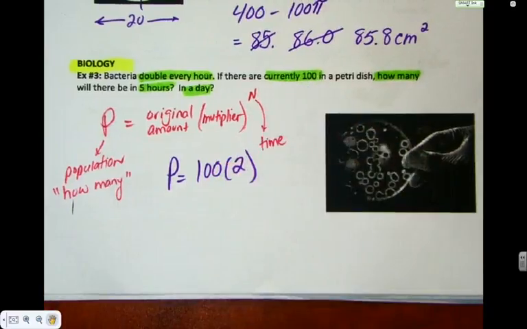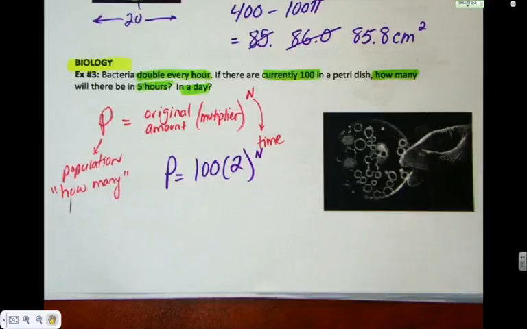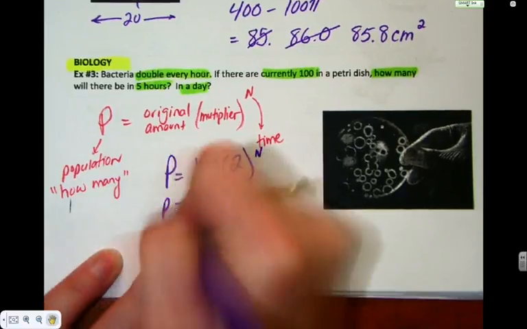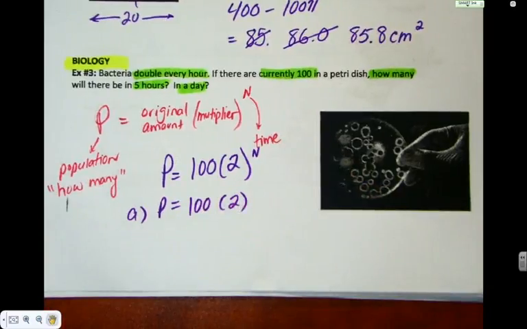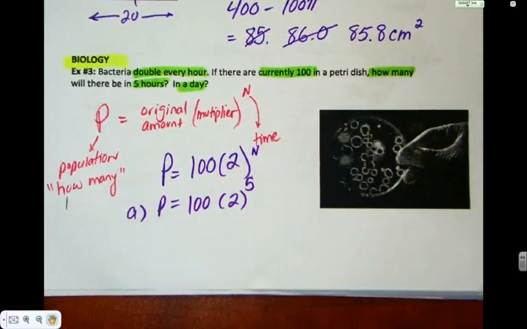So that's what we call the multiplier. It's how the population is changing. And n is going to stay a variable for now. So 100 is the original amount, 2 is the multiplier, and I'm going to substitute in a second. The question asks for 5 hours, so we're going to keep our 100, keep our 2, and our exponent's going to be 5.